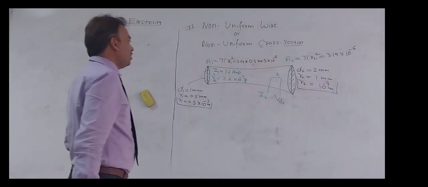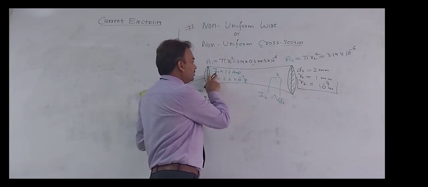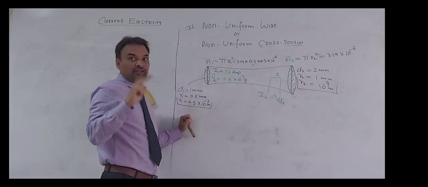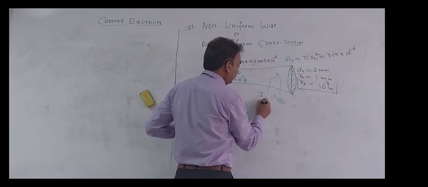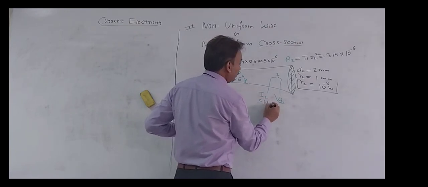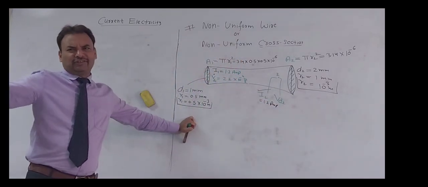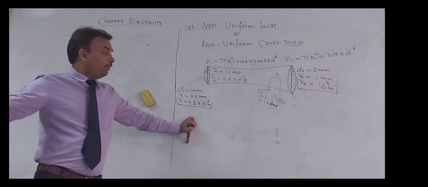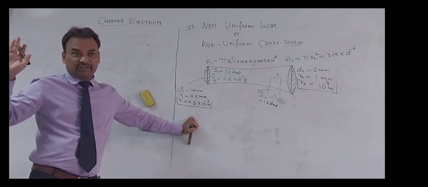Now you see current at this point is I1, and because of the conservation of charge, the current at this point, I2, will also be equal to 1.2 ampere. So the first question is solved. To find the current is so easy because of conservation of charge. But to find VD2 is a little bit complicated task.